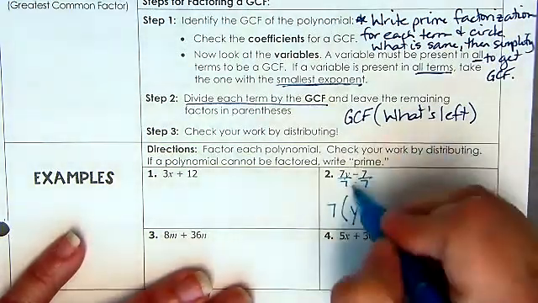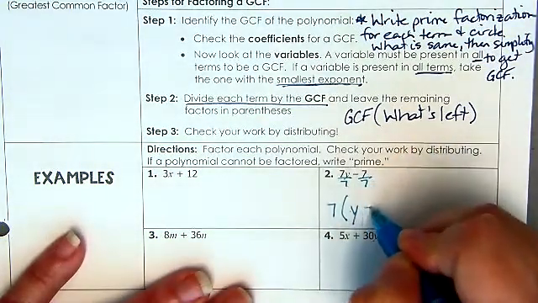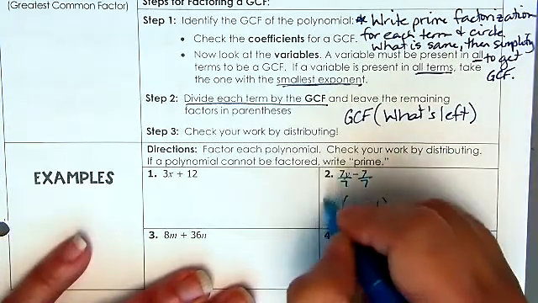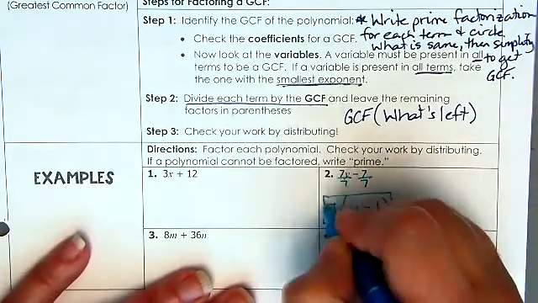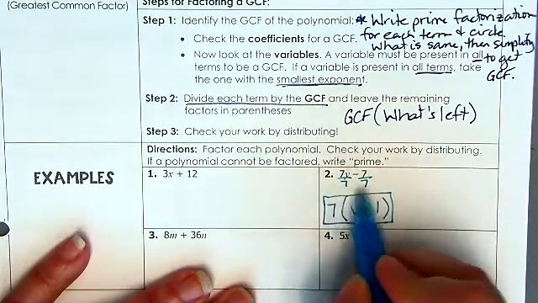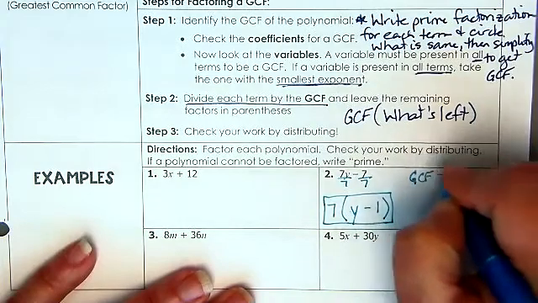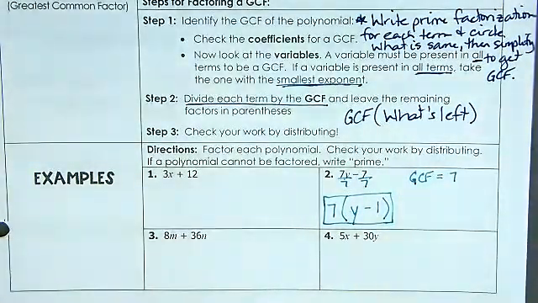The 7s are gone. 7 divided by 7 here is 1, because it's actually a 1. We just don't write that here. So this is my final answer here. And my work for this was just dividing by the 7, because that was my GCF. My GCF here is 7. And you want to make sure that you kind of say that as well.